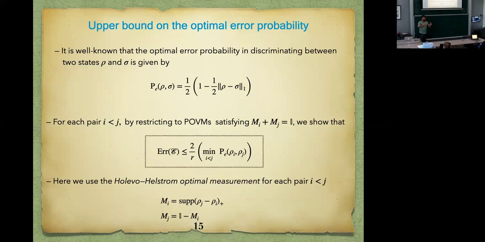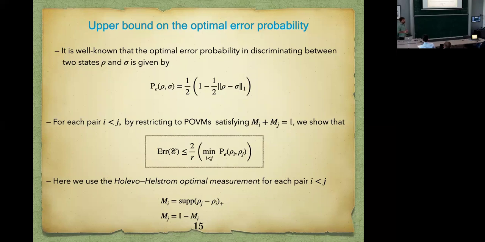That's because in the discrimination task we are trying to maximize the expression, but in the anti-distinguishability task we are trying to minimize it, and it turns out that if you flip the order, then this POVM achieves the optimal error in the anti-distinguishability task, the minimum error probability.